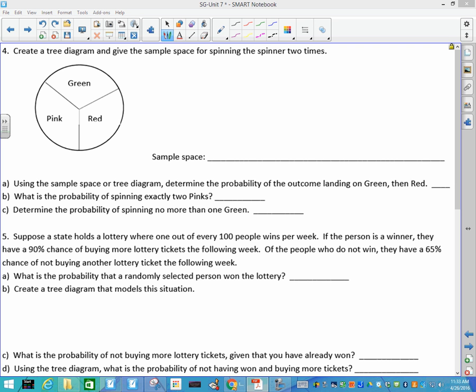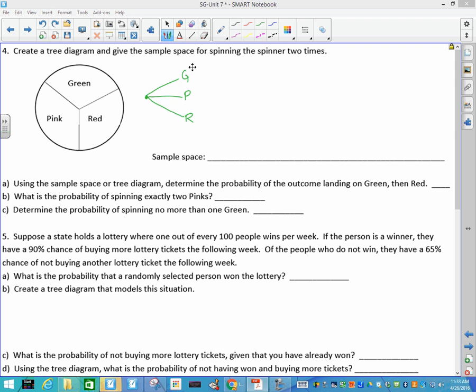Create a tree diagram and give the sample space for spinning the spinner 2 times, okay? So when I start, I have 3 possibilities of spinning. I have a green, I have a pink, and I have a red.